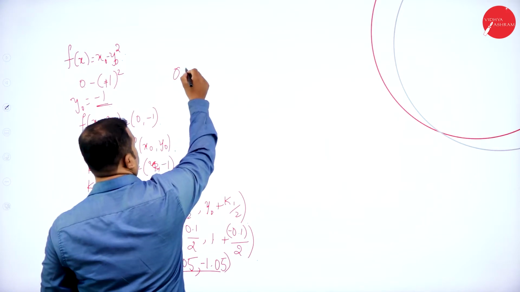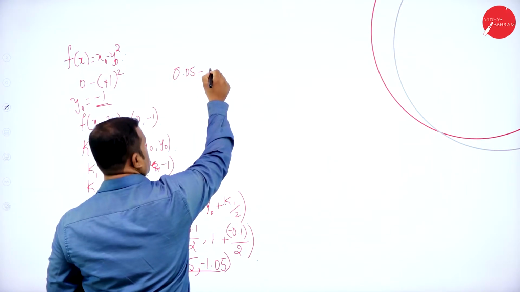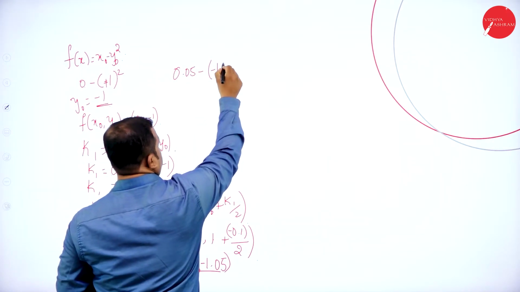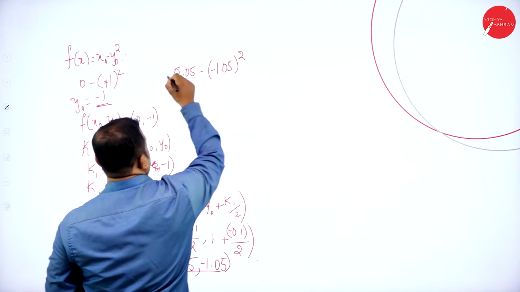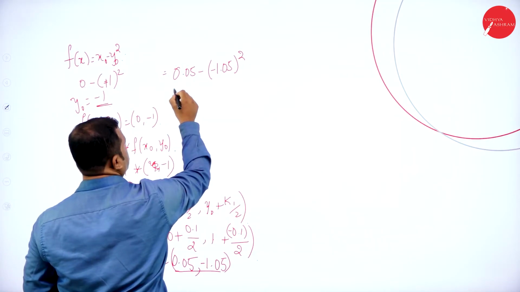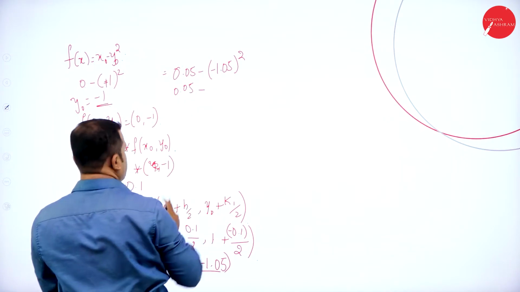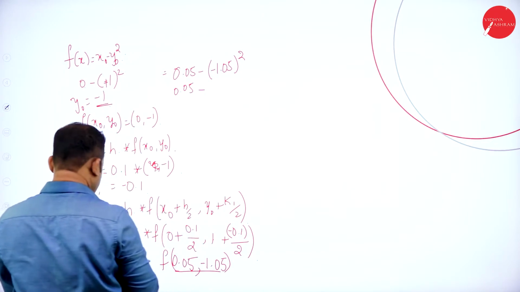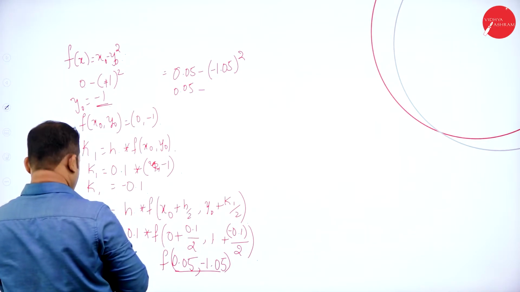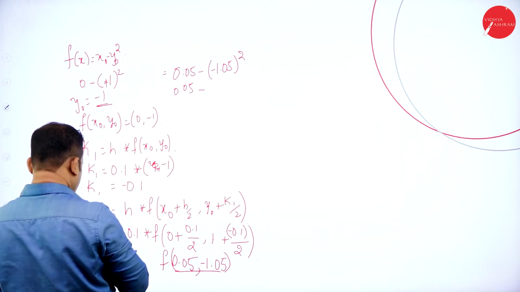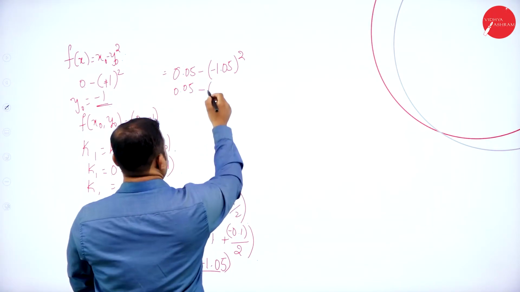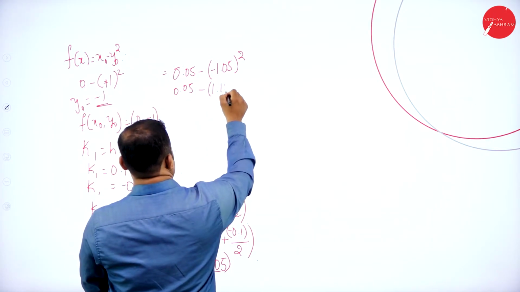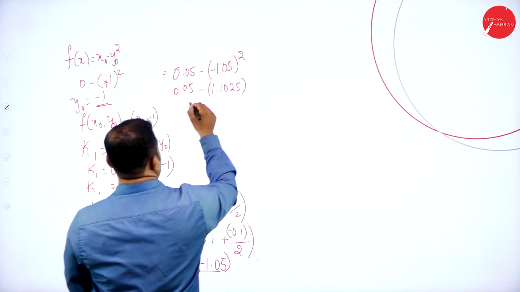That is 0.05 minus of 1.05 whole square, which is equal to what? Minus into minus becomes plus. That means 0.05 minus 1.05 whole square, that is equal to minus 1.1025. We have the values like this.